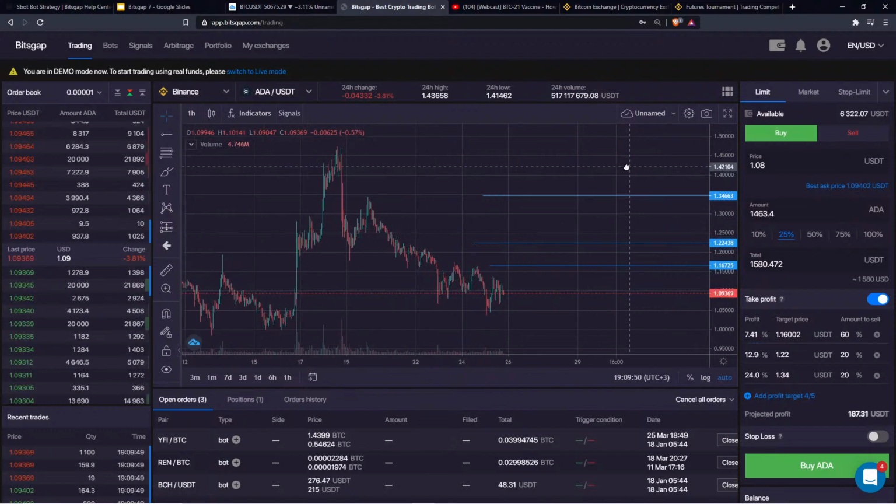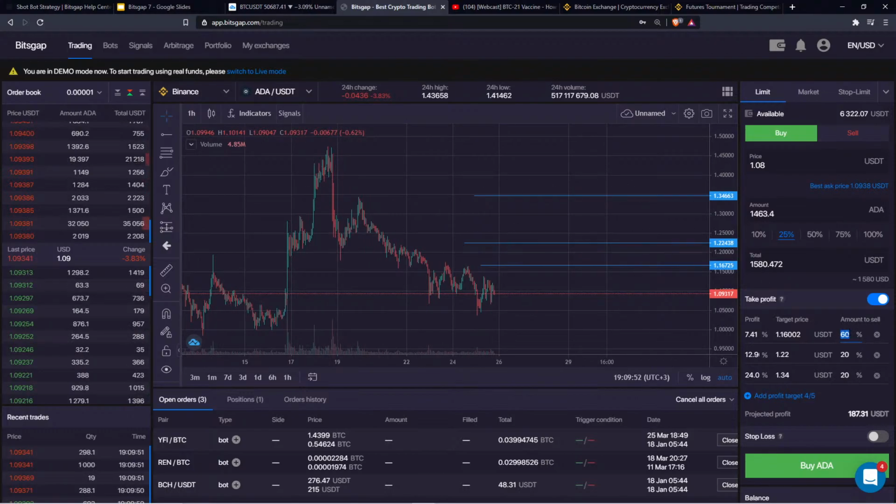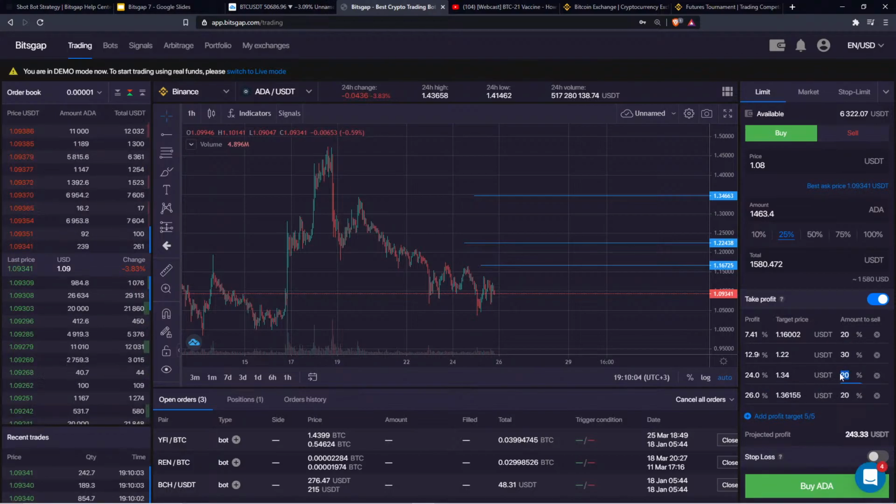Okay. The next step is basically to decide how much you want to sell. And you can sell, let's say at first target 20%, the next target maybe 30%, and still you have 50% in your position. Okay. So it's clearly up to you to decide how much you want to sell at each take profit target area.